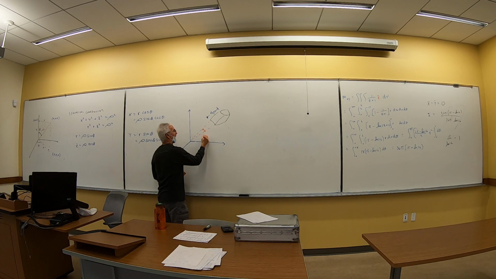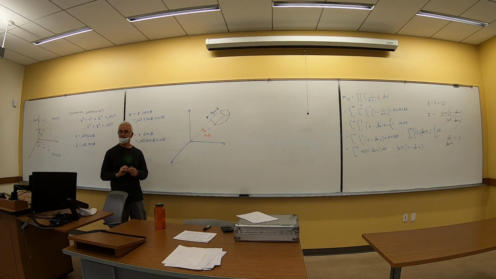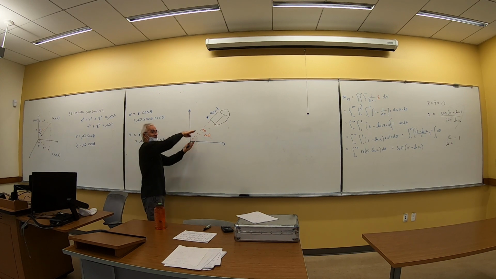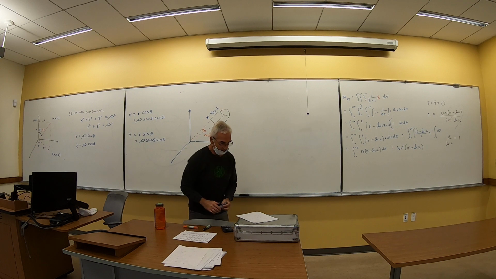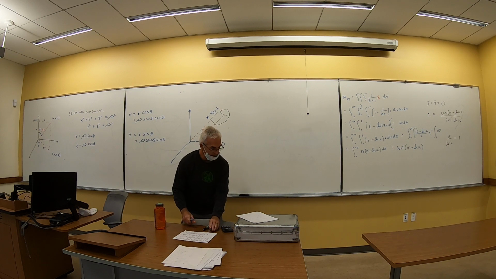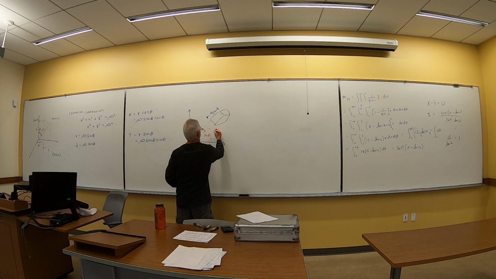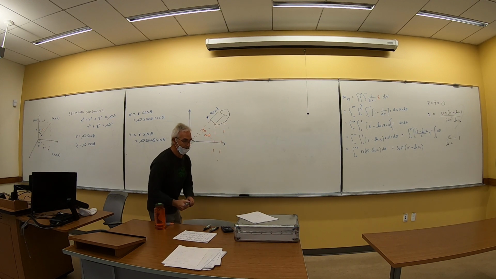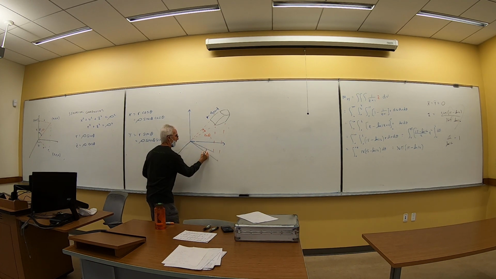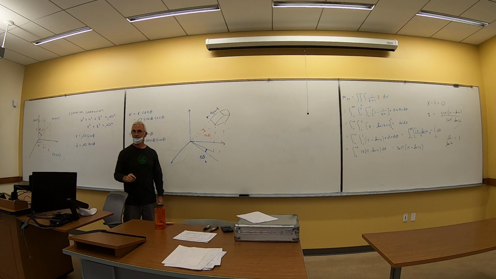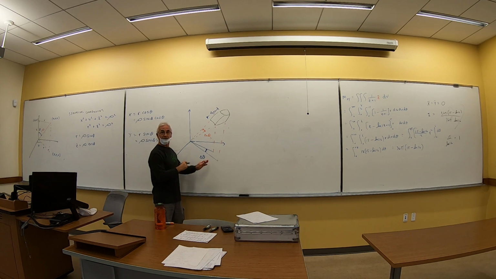So that piece right there, that's delta phi J, because of that angle change. And then I'm going to project this part straight down, and that width will be delta theta K. Okay? So far so good?